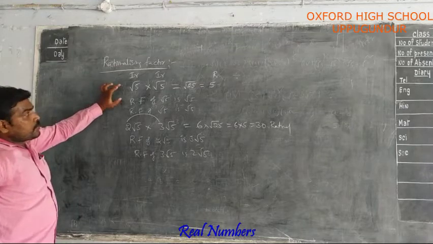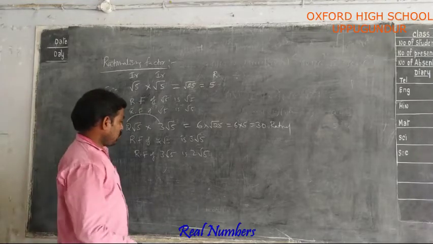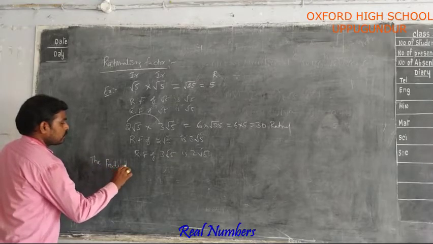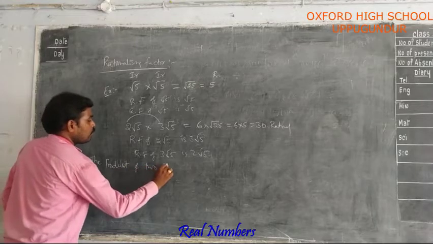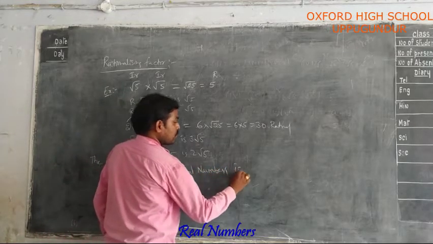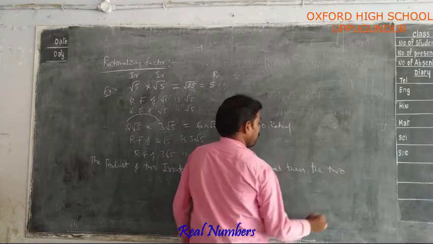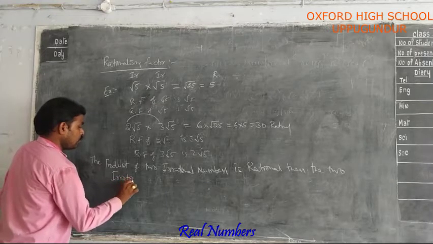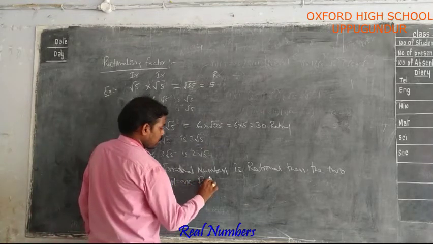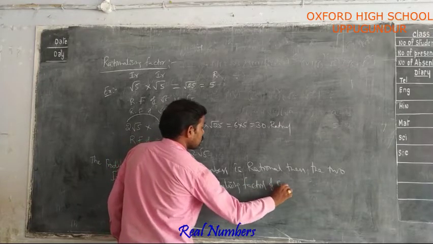So you can write: the product of two irrational numbers is rational, then the two irrational numbers are rationalizing factors of each other.